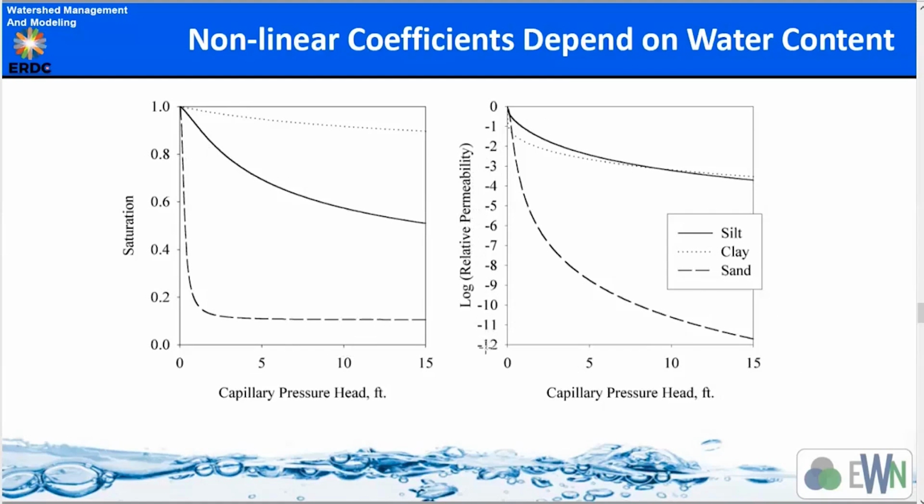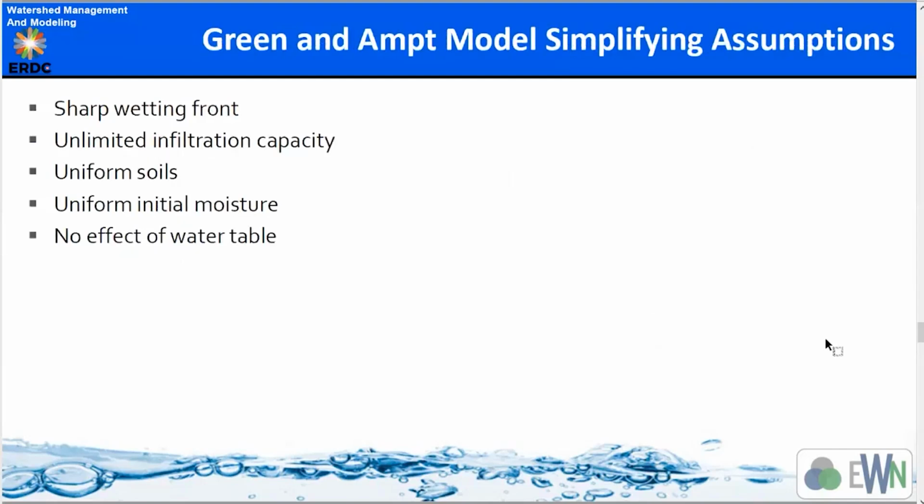So these vary 12 orders of magnitude over the wetting front from 0 to 1 soil moisture. So that's extremely nonlinear. And because of the nonlinearity of the parameters that go into it, the Richards equation is hard to solve and time consuming.